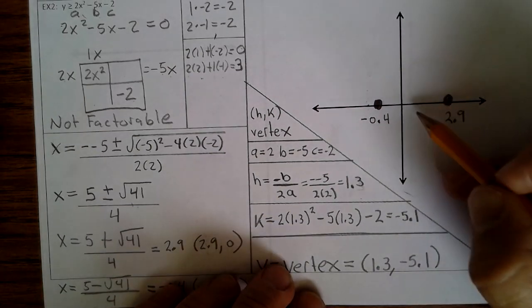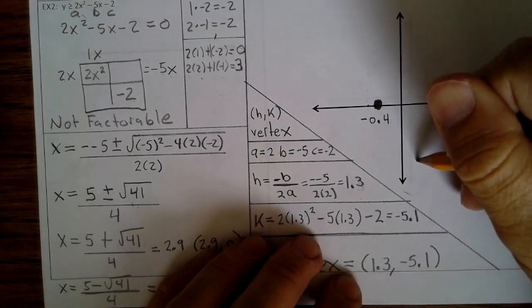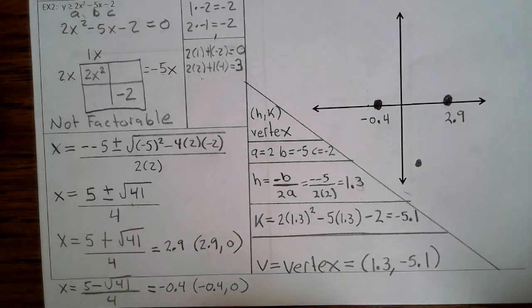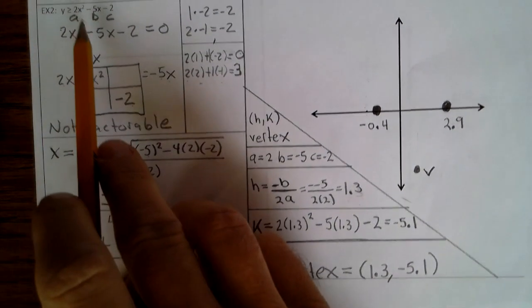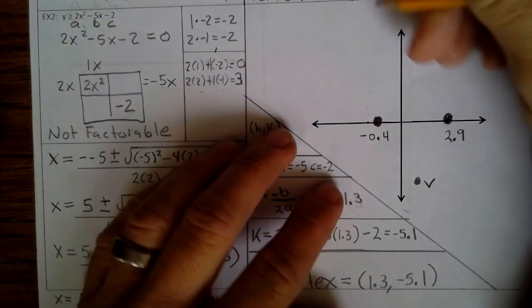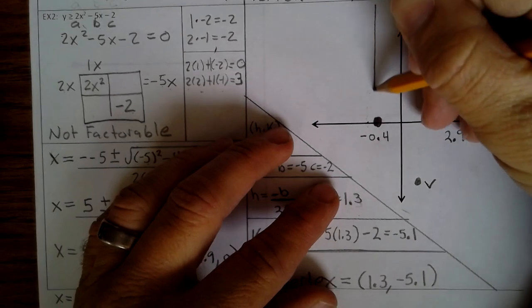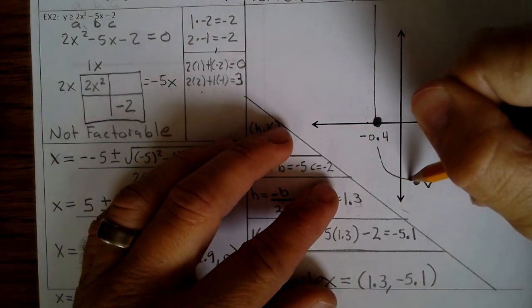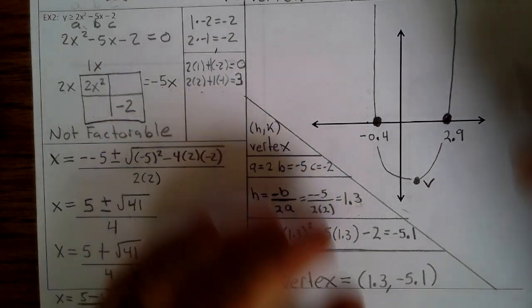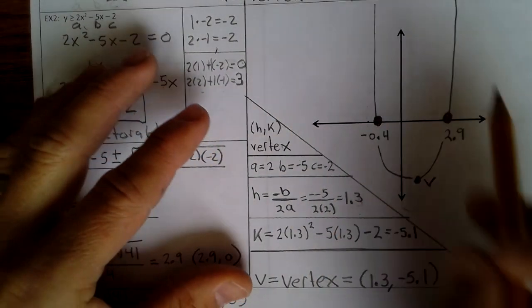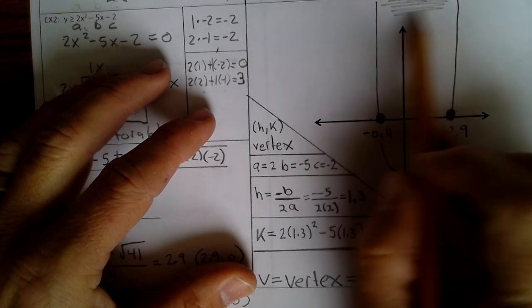So 1.3 negative 5.1 is right here. That's our vertex. Now, there's a line underneath, so we know this is a solid line. And it's greater than, so we shade above. So we shade here.